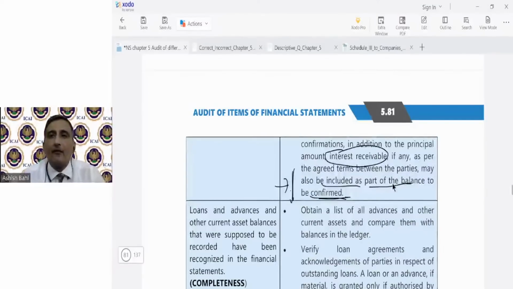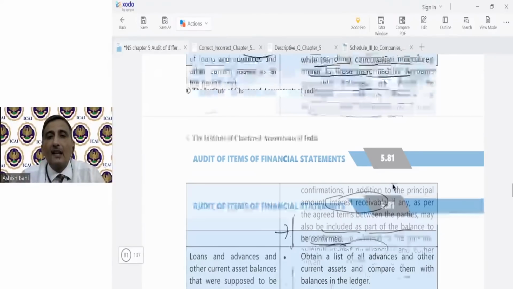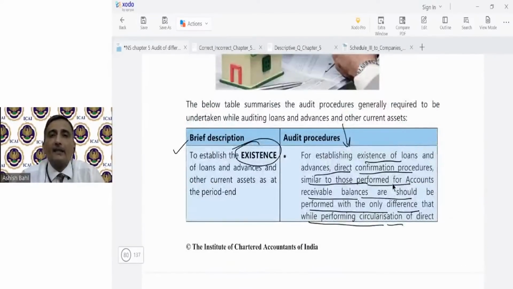So when we are sending a direct confirmation, we shall also be asking the confirming party to state the amount of interest that the confirming party is required to pay on such loans and advances in accordance with the terms of the loan agreement. Okay, so that is how we verify the existence of loans and advances.